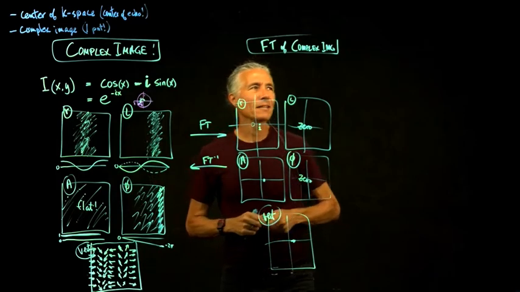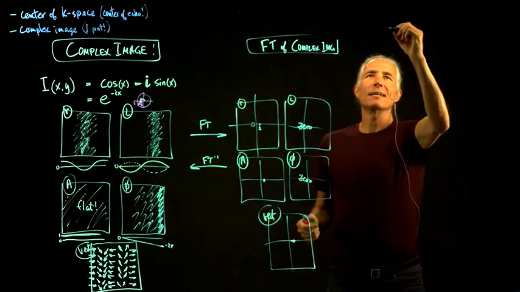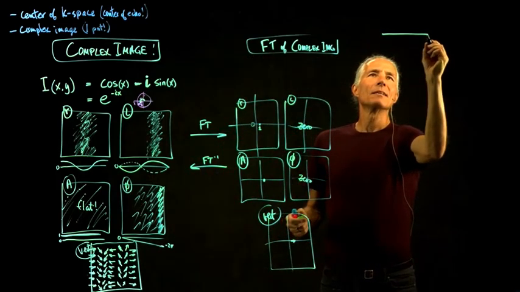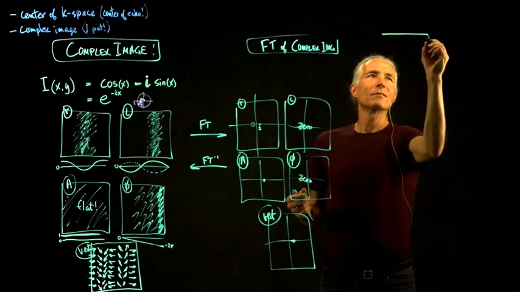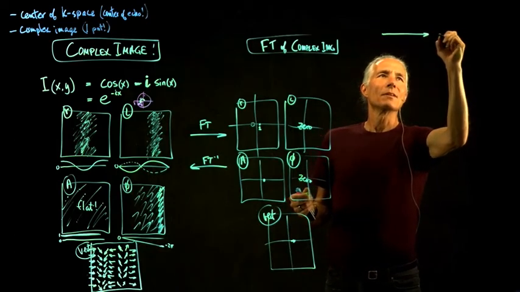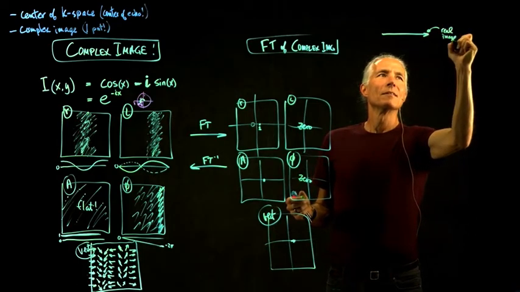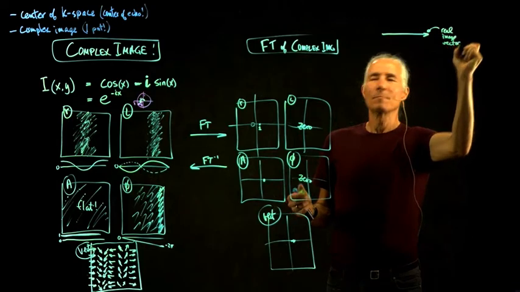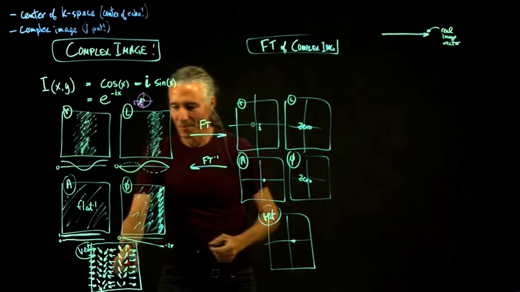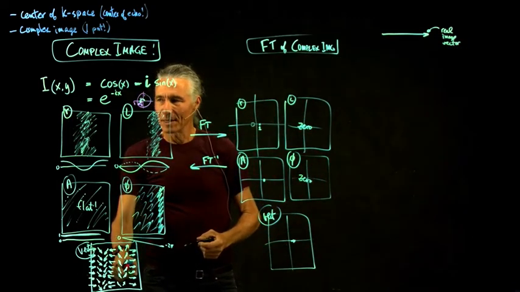So, what does that mean? Well, say here's the real image vector, because remember, we always have a vector here in our image.